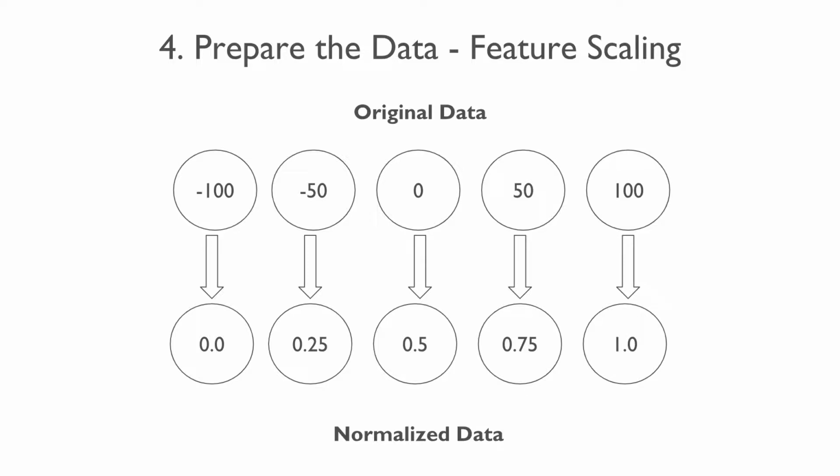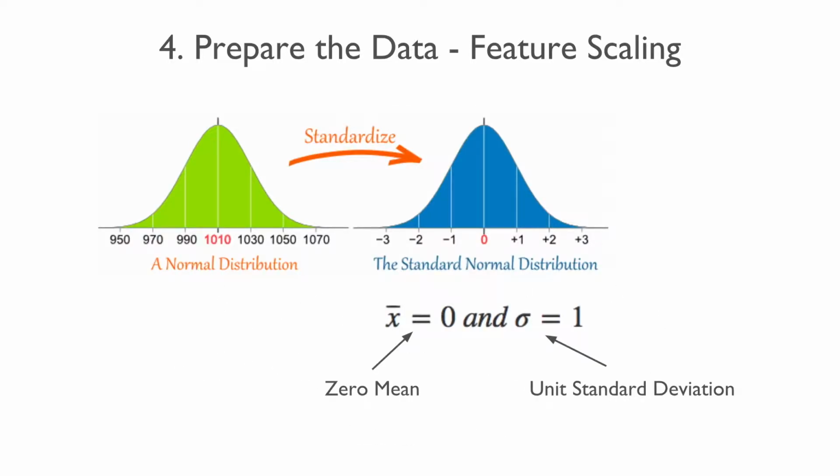In min-max scaling, we move the minimum value to 0 and maximum value to 1, and everything else in between is moved proportionately. The other common form of scaling is standardization, whereby we first calculate the mean and standard deviation, and then we compute how many standard deviations away each value is from the mean. These new calculated values are basically standardized values.